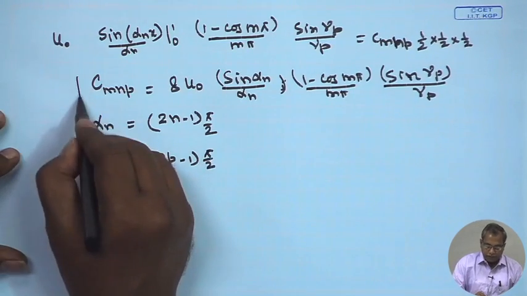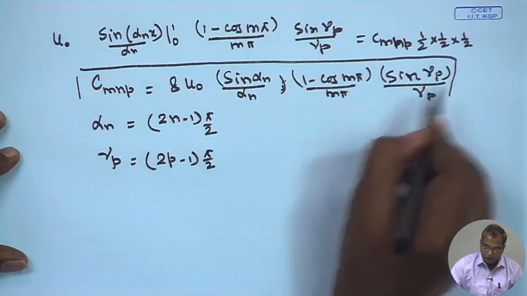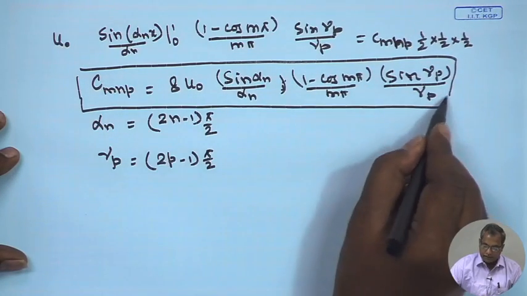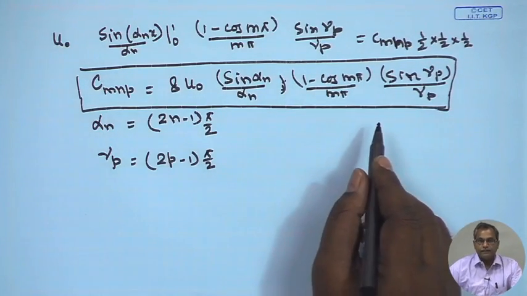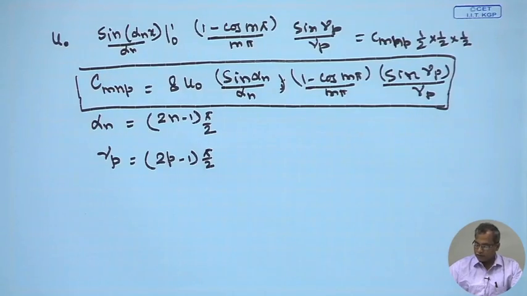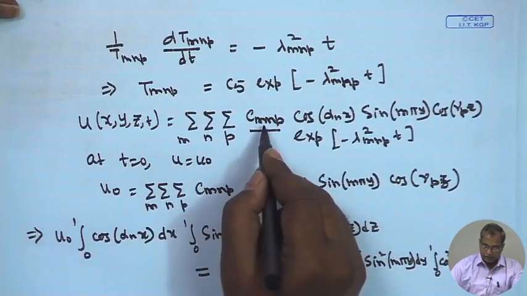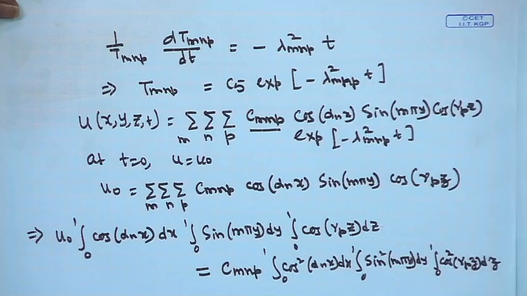So, that will be giving the expression of the undetermined constant C m n p that has to be inserted into the solution of u, and it will be giving you the complete solution.